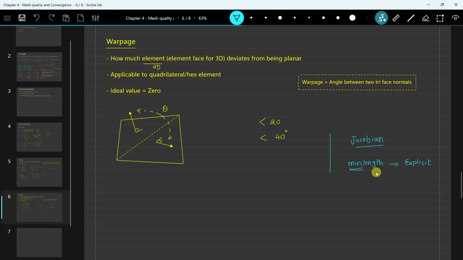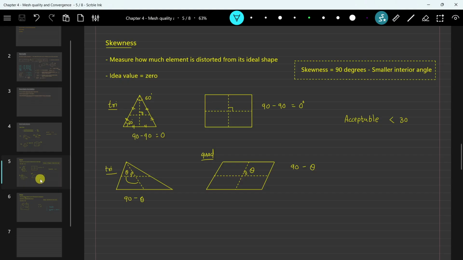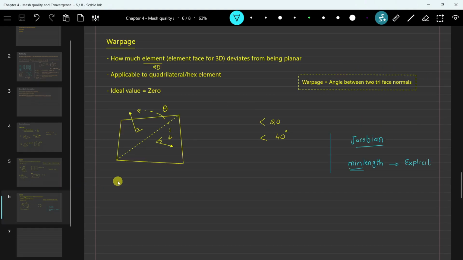We are not going into explicit, so we are not going to discuss how minimum length affects the explicit solver. Basically these are the few quality parameters. If we monitor aspect ratio, skewness, and warpage, that is more than sufficient, and if Jacobian is available, it is better to check Jacobian as well.